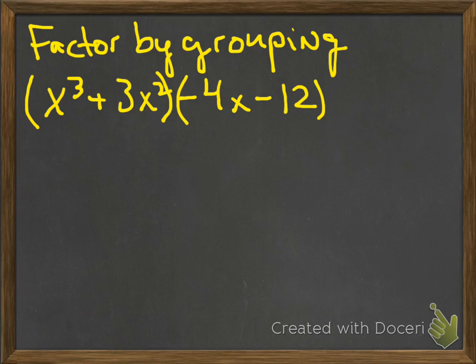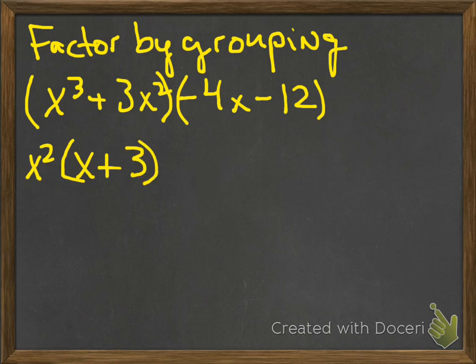What can you factor out of those? What do they both have in common? They both have an x squared in common. So you take out an x squared, and from x cubed you're left with 1x. From 3x squared, you're left with just the 3.